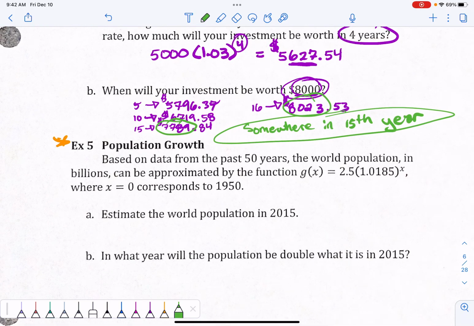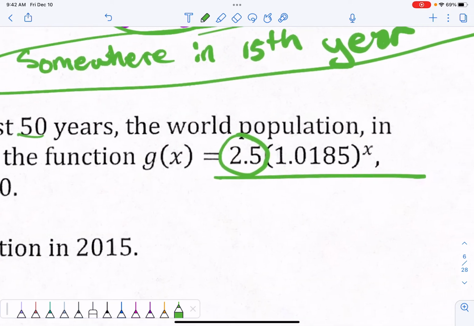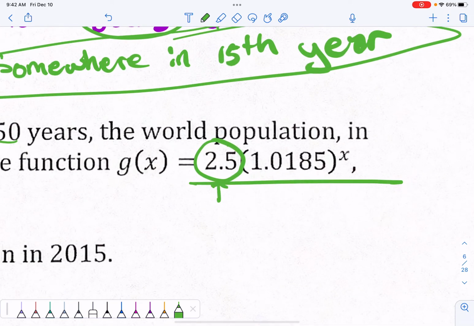Example 5, this is the last one, says, based on data from the last 15 years, the world population in billions, circle that. Anytime they say units, circle those so that you can pay attention to what that is, can be approximated by this function. Okay, so 2.5 is our original number. This is like our principal number.